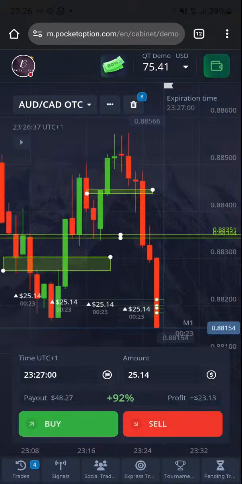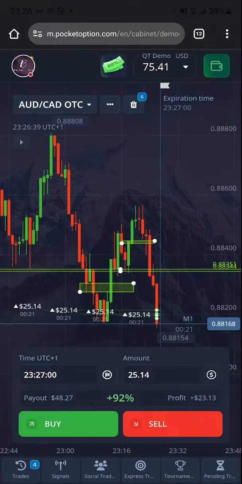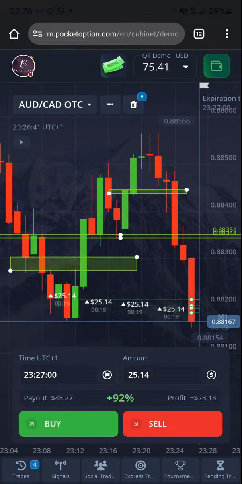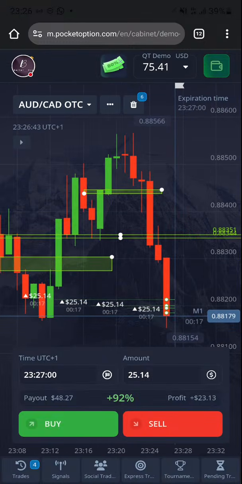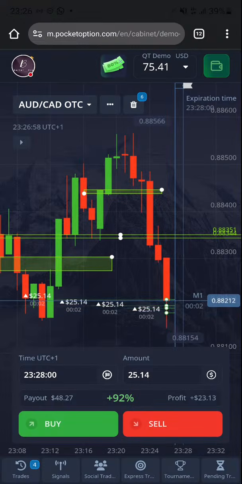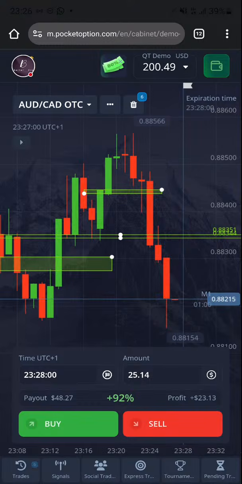I really hope it happens because I've over traded on this pair, and if it doesn't happen, it's still fine. I'm expecting a push to the upside. Let's see if it happens. I really want it to happen, but if it doesn't, it's fine. Okay, that's good. It's happening. Thank you very much.